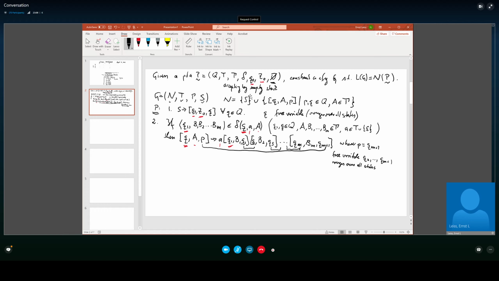So the grammar will generate strings, and of course one would hope that there are some that don't have any variables, Q1, B1, Q2, and so on, because then you're just left with the a. If you don't have any productions where there is no variable on the right-hand side, then obviously your grammar is not generating anything.